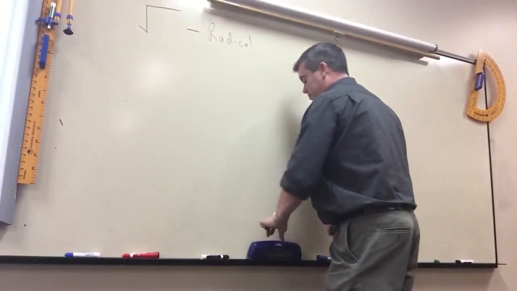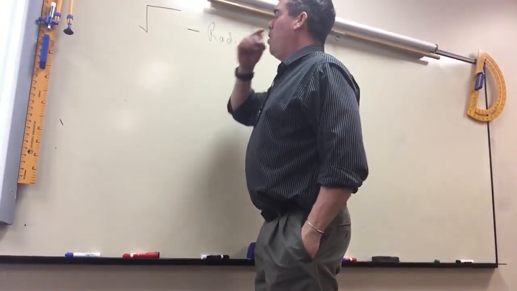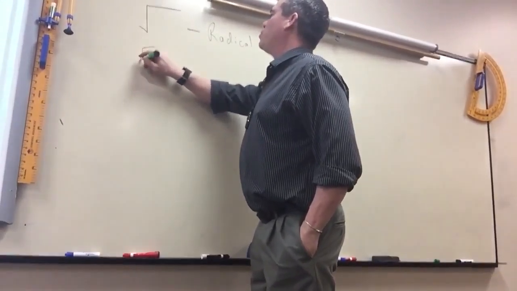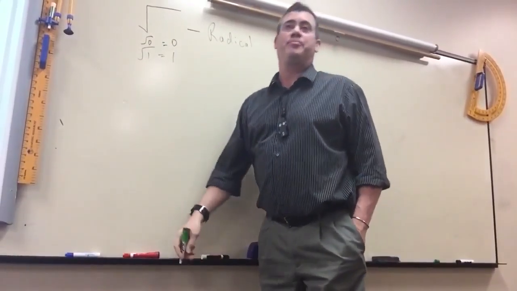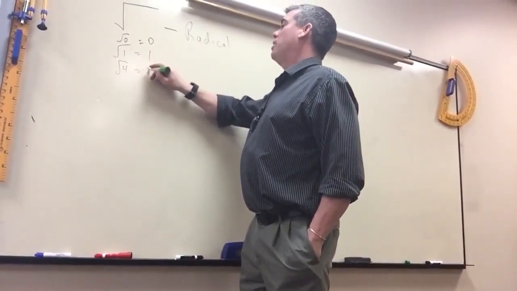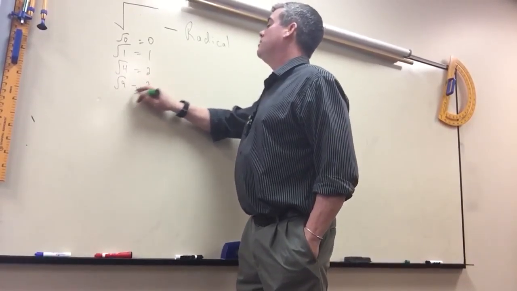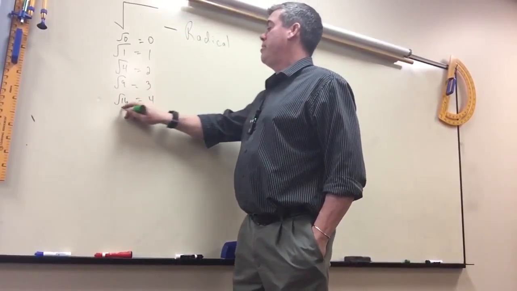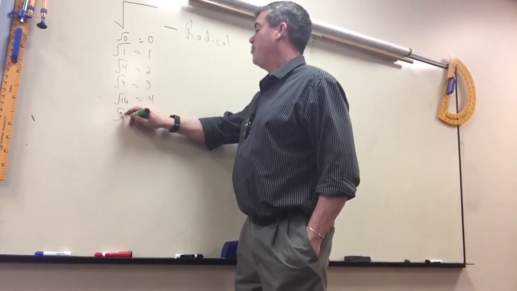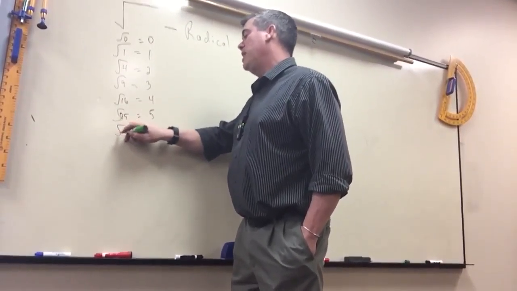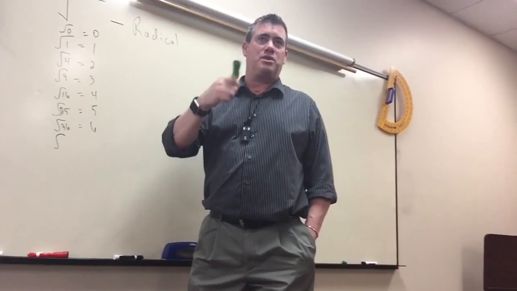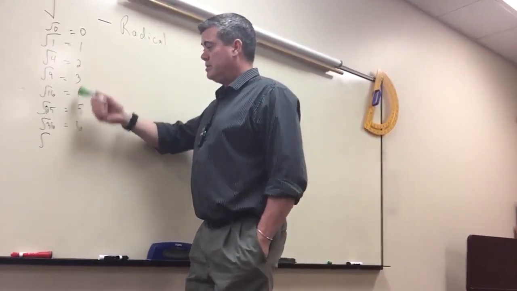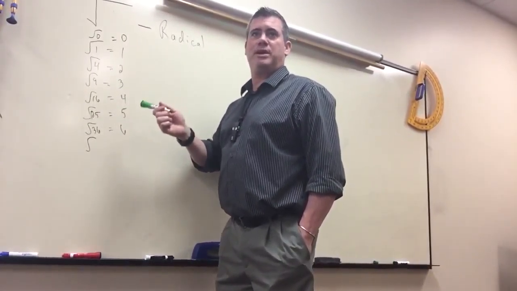So, the perfect squares. Obviously the square root of 1 is 1. The square root of 0 is perfect also, it's 0. And then it's the square root of 4, the square root of 9, the square root of 16, and so on. You've got a calculator, so you don't have to memorize these, but when we start simplifying radicals, which we'll start on Monday, you need to find the perfect square that goes into the number.